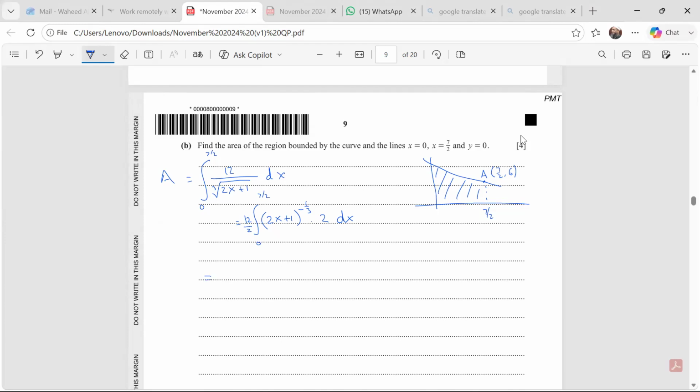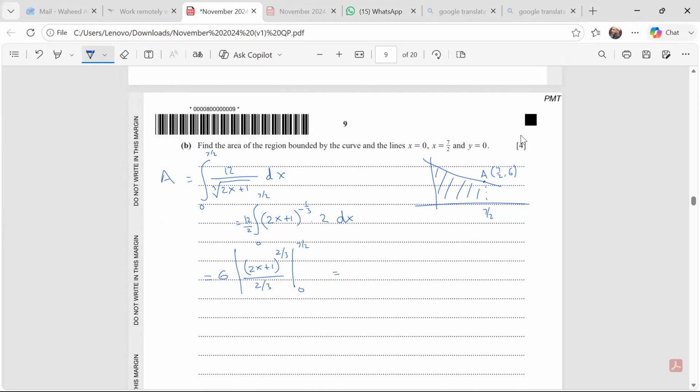This will become 6, and the integral of this would be (2x plus 1) with the power plus 1, so minus 1/3 plus 1 would be 2/3, divided by 2/3. The limits are from 0 to 7/2.